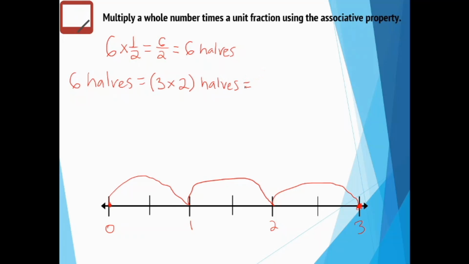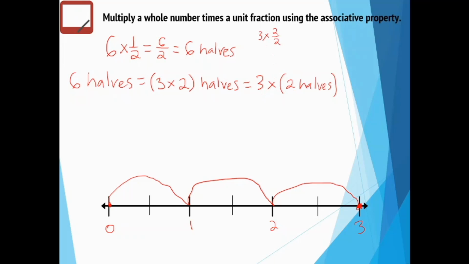Now, I'm going to reassociate this. Instead of breaking apart this 6 and leaving the halves alone, I'm now going to reassociate this 2 with the halves. So I have 3 times 2 halves. And if you'll notice, another way that we wrote this on the page before was 3 times 2 halves.